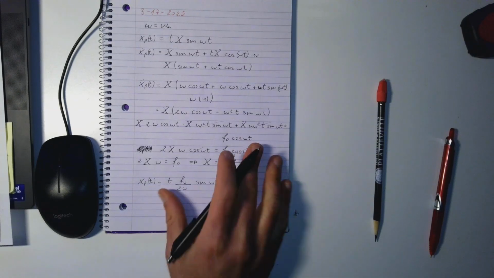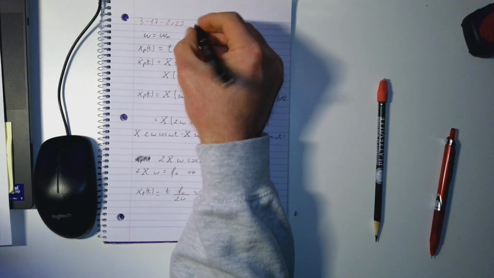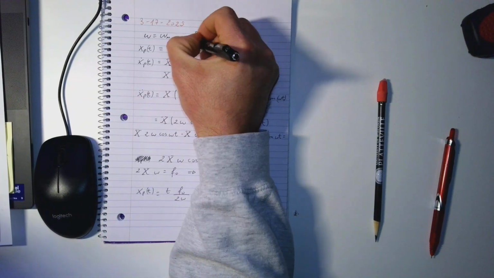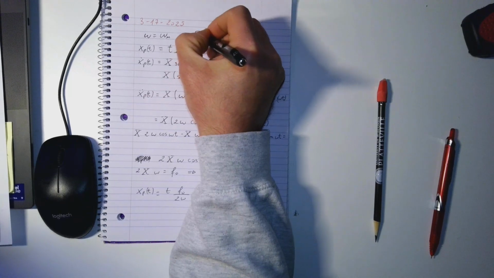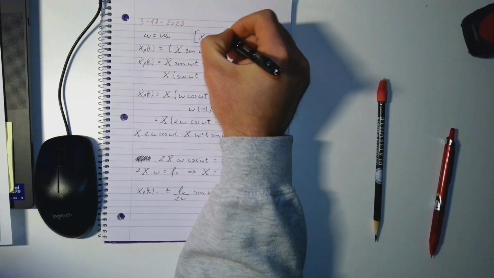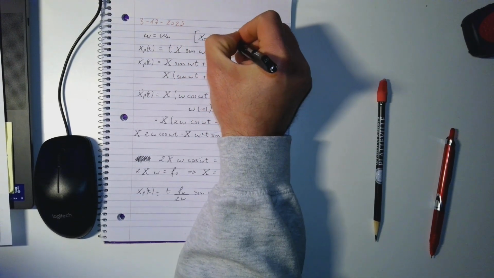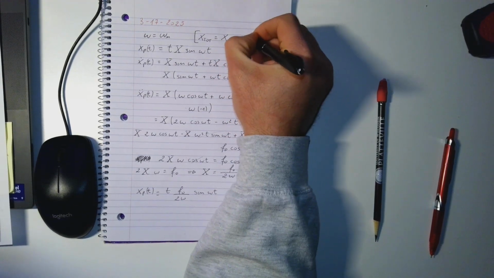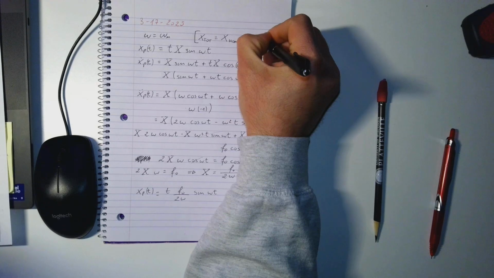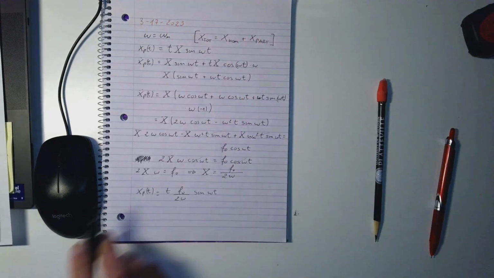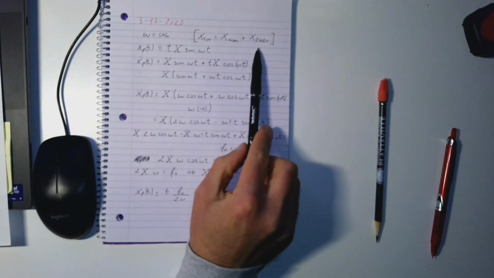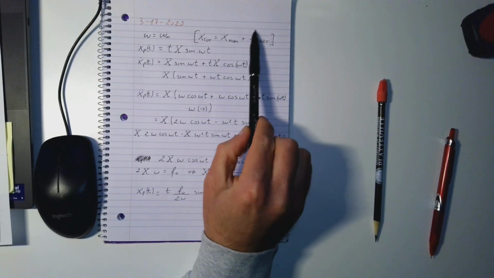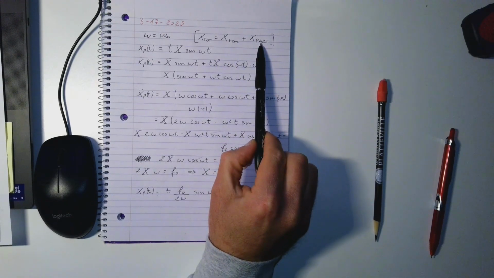Remember that the total solution is equal to the summation of the solution of the homogeneous equation and the particular solution. So basically now we found this portion of the solution.